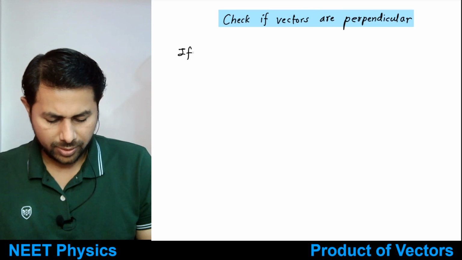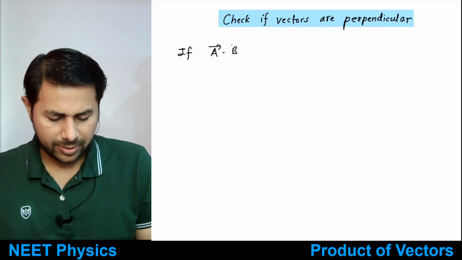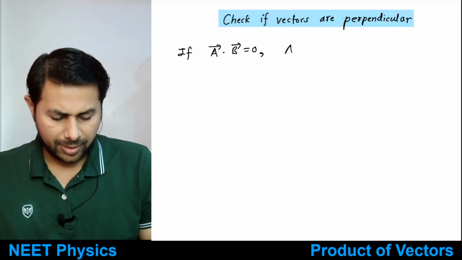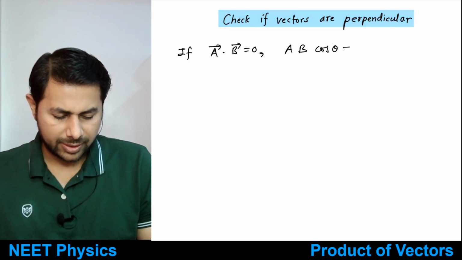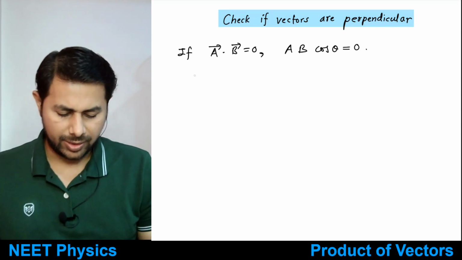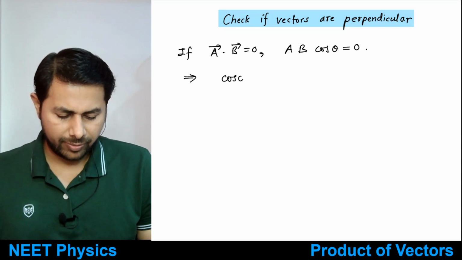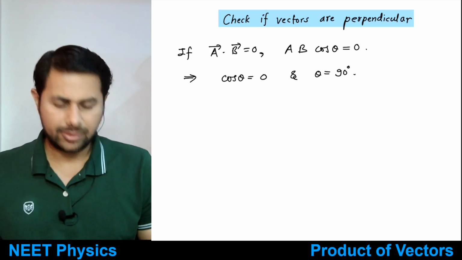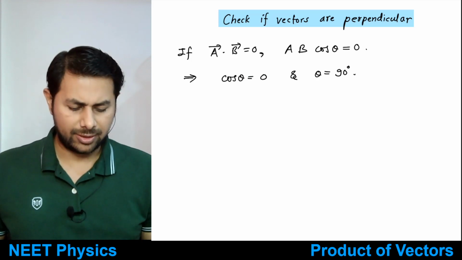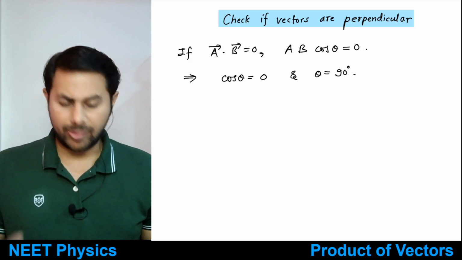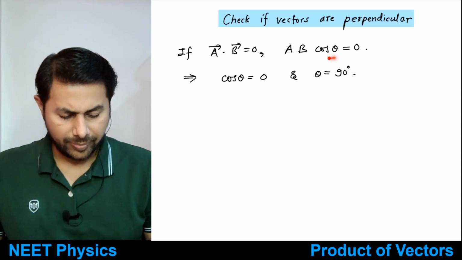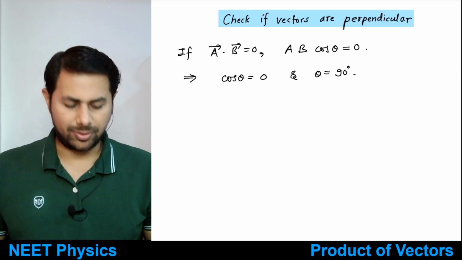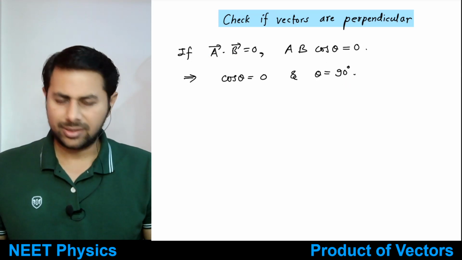If a bar dot b bar is equal to 0, means AB multiplied by cos of theta is equal to 0, it implies that cos theta is equal to 0 and theta is equal to 90 degrees or 270 degrees. So two vectors will be perpendicular if their dot product is equal to 0, if their scalar product is equal to 0. Right? This is clear.